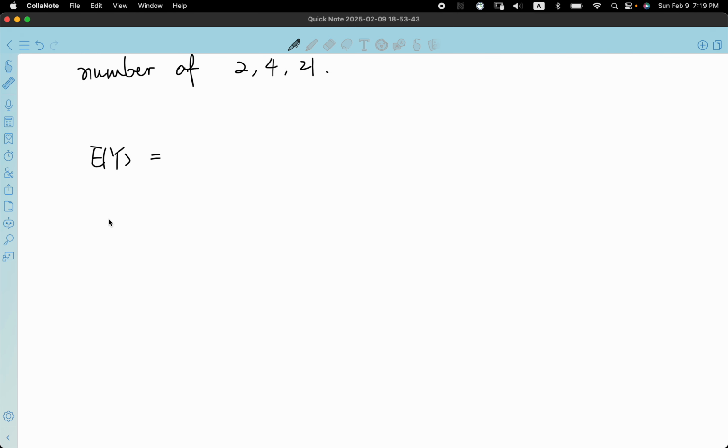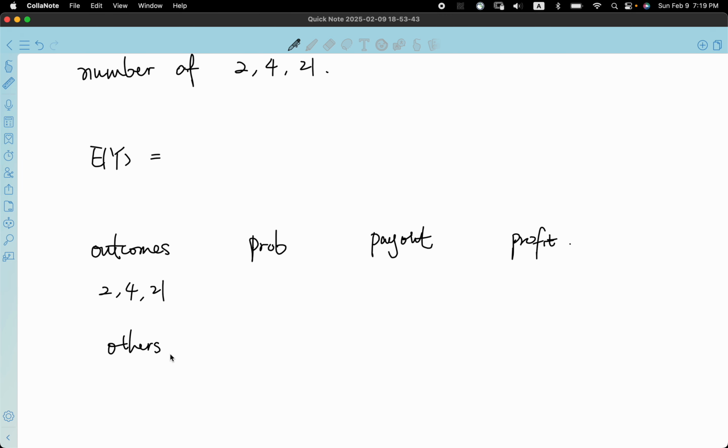So here, let's have the outcome in the first column, and then we have the probability, the payout, and then the profit. Okay, so the outcomes are 2, 4, and 21, and then we'll have the others.